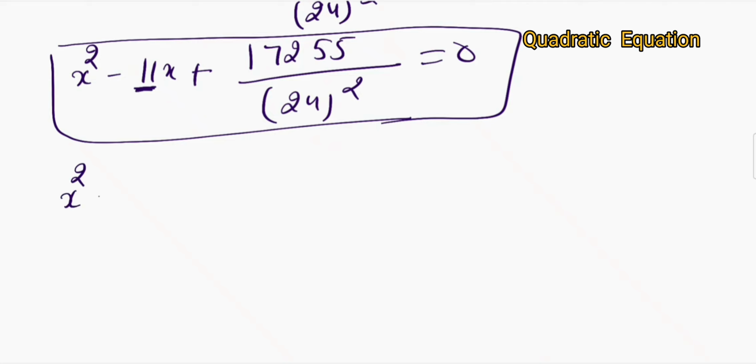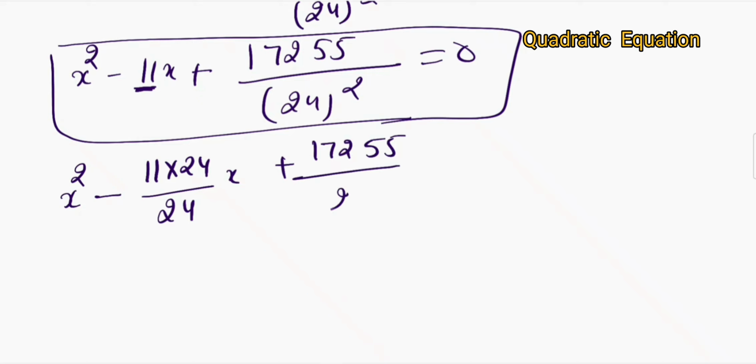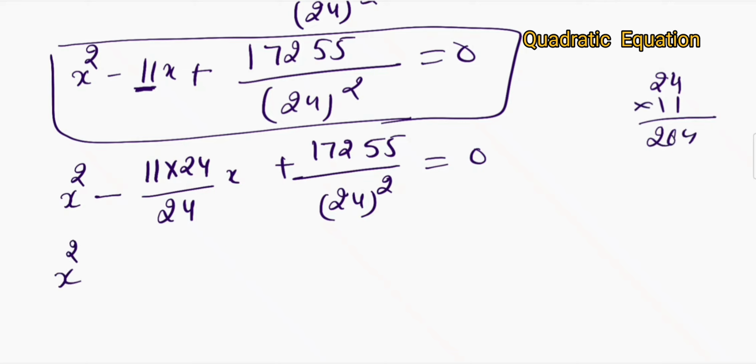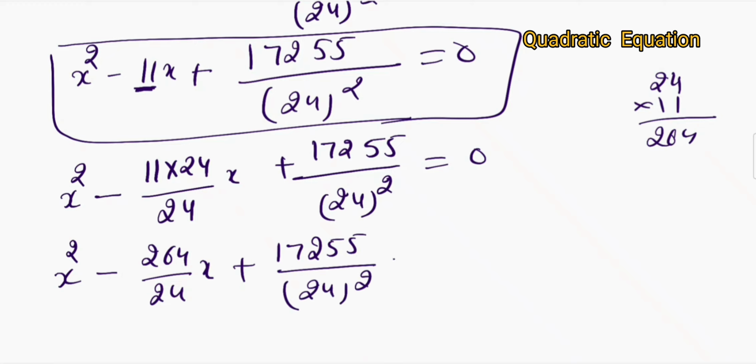So I get x² - (11 × 24)/24 x + 17255/24² = 0. Now 11 times 24 is 264, so this is x² - (264/24)x + 17255/24² = 0.